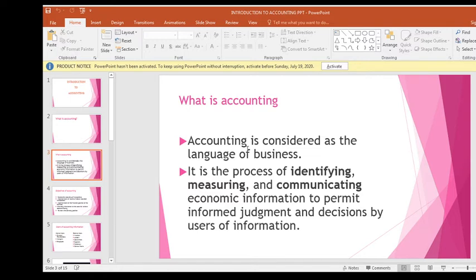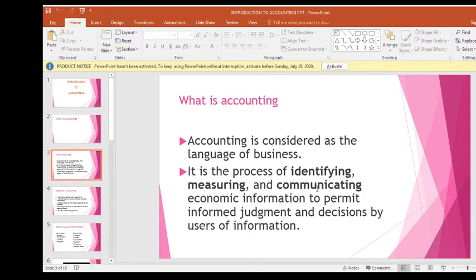To be specific, accounting has been defined as the process of identifying, measuring, and communicating economic information to the end users. The key important words there are identifying, measuring, and communicating.